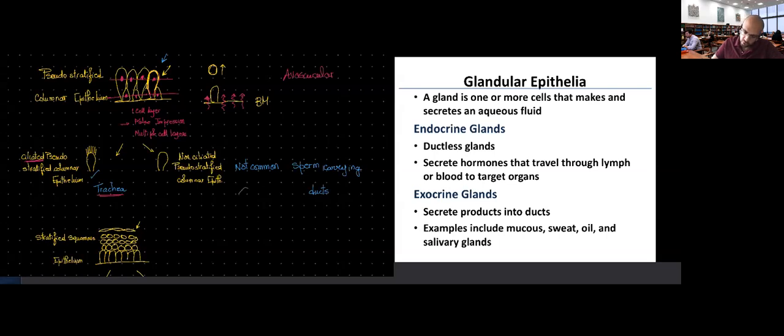So those ducts that are transporting the sperms from the testis, in some cases, will be lined with non-ciliated pseudostratified columnar epithelium.